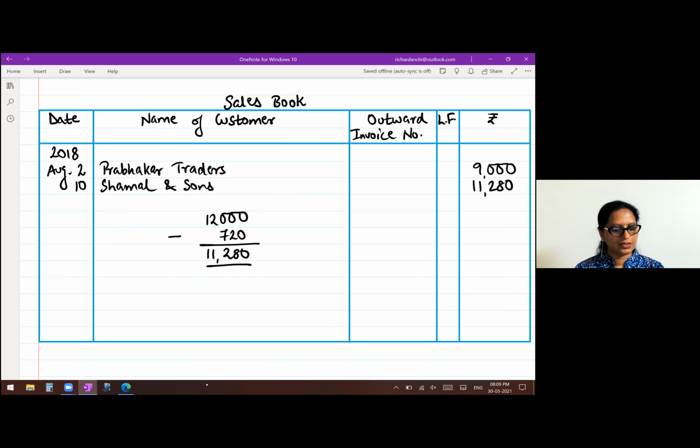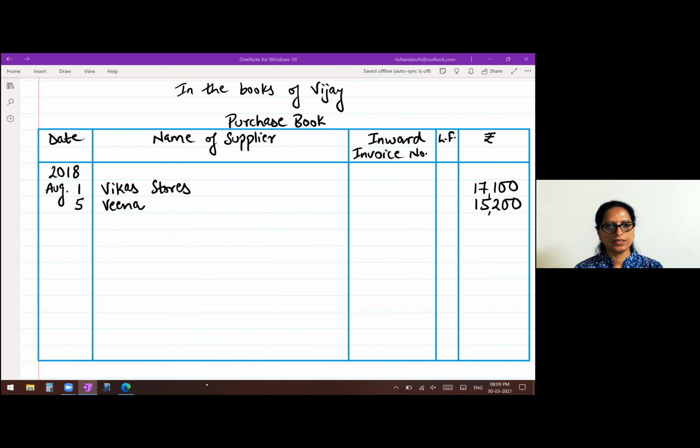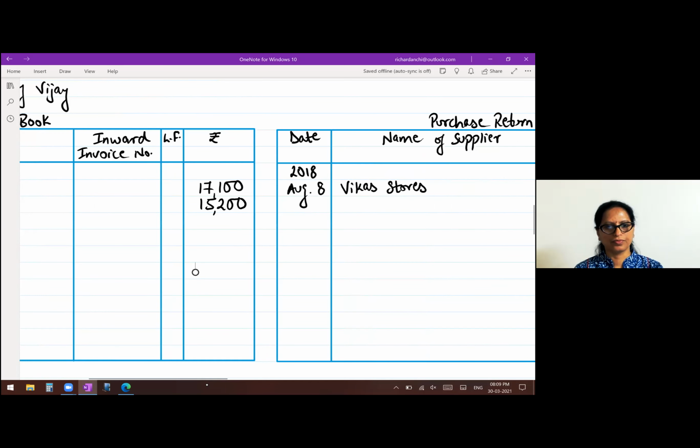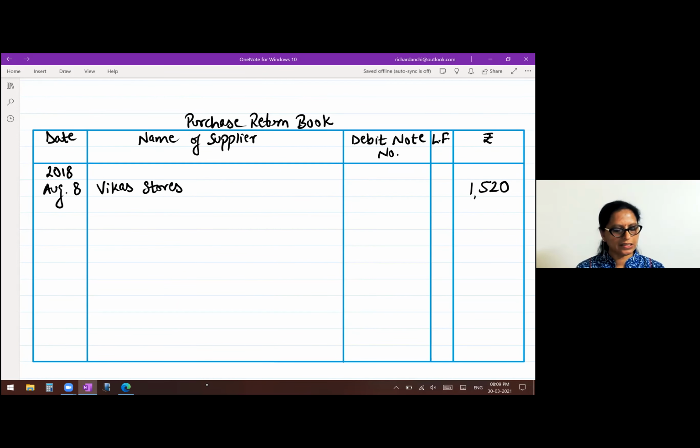18. Received credit note from Veena, rupees 900 gross for goods returned. Now we had purchased from Veena. So again, now when you are returning, it will come in purchase return book. So write the date 18, write name of the supplier Veena. Now they said again gross.